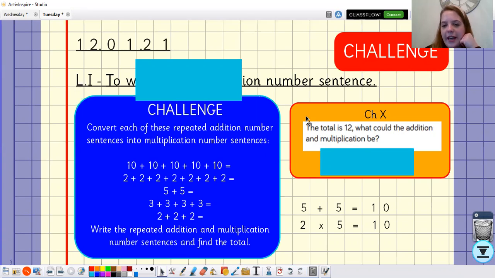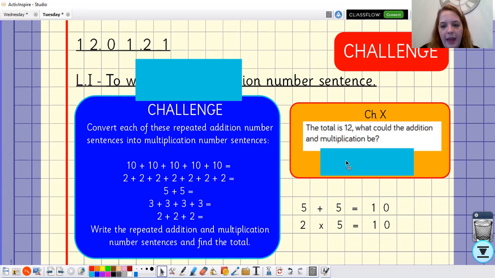Finally, for your challenge X, the total is 12. What could the addition and multiplication be? Now, you are going to be able to find more than one answer for this. Now, I've written one answer here, but I want to see how many different possibilities you can come up with.